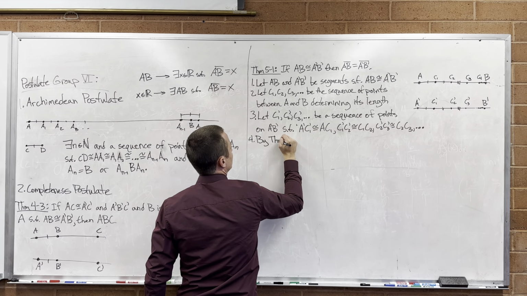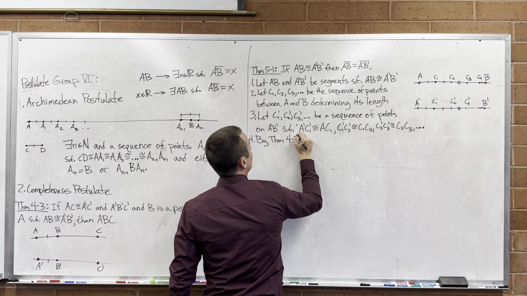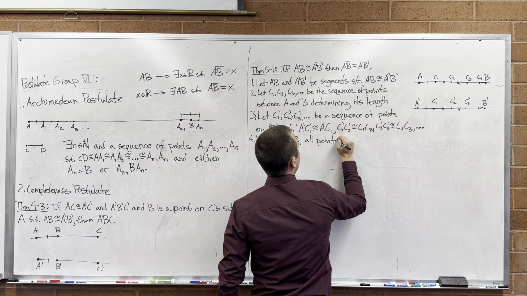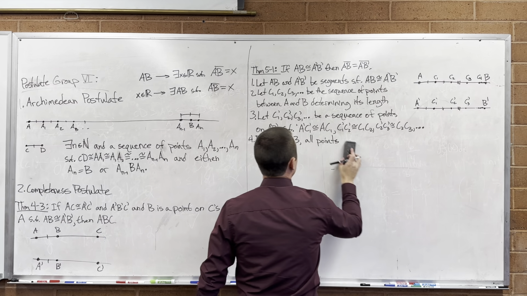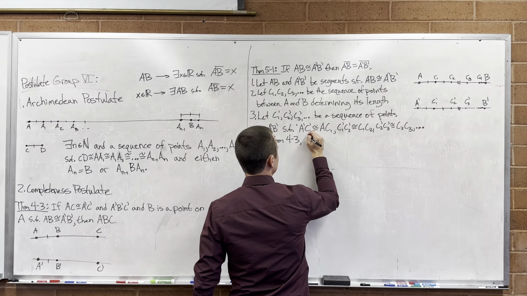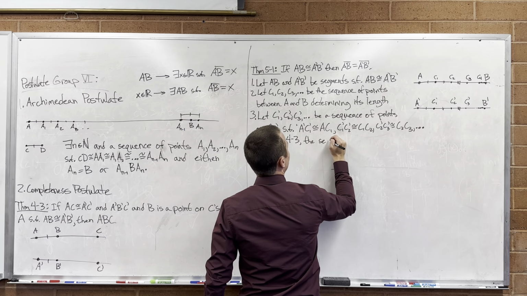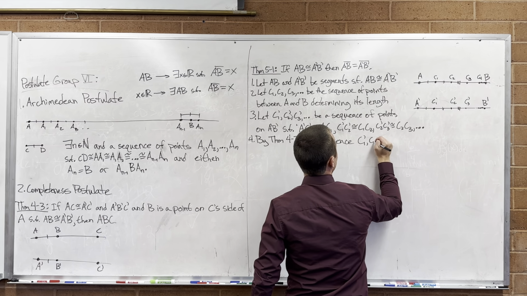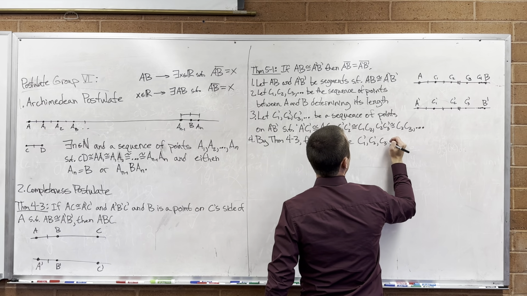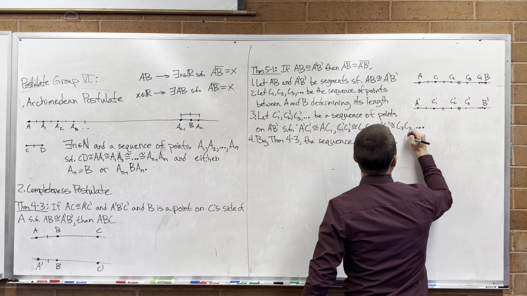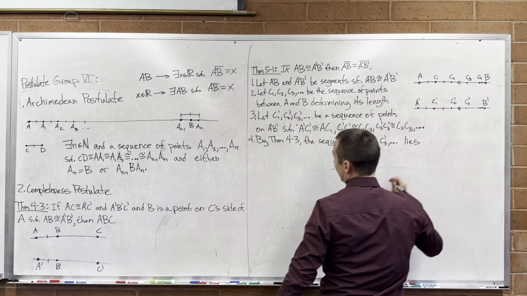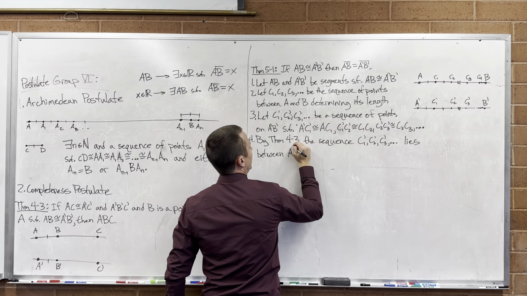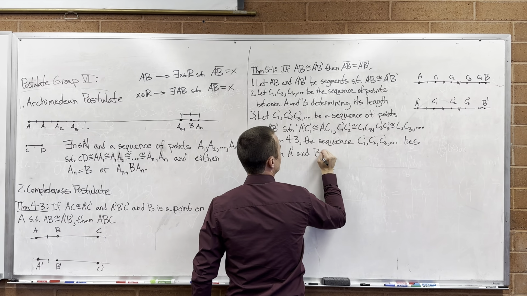By theorem 4.3, all points, or maybe better to say the sequence, C1 prime, C2 prime, C3 prime, dot, dot, dot, lies between A prime and B prime.